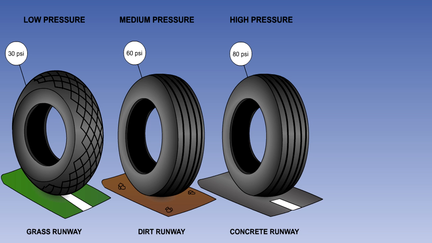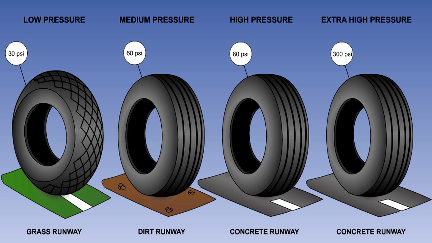High pressure tyres operate at a pressure of 70 to 90 psi, or 4.83 to 6.21 bar, and are suitable for concrete runways. Extra high pressure tyres are fitted to most large modern airliners. They operate at pressures of over 90 psi, with some tyres of this type being inflated to 350 psi or 24.2 bar. These tyres are suitable for concrete runways.